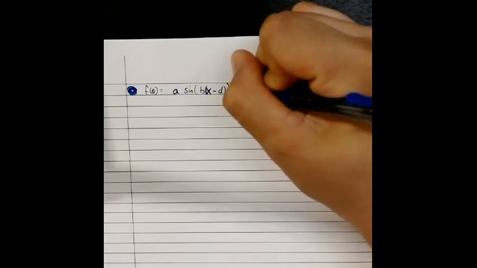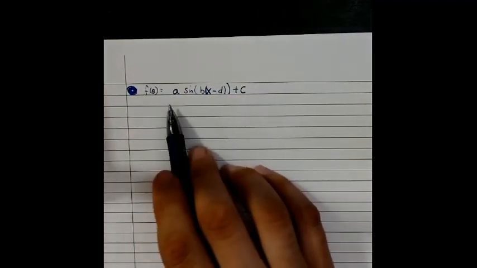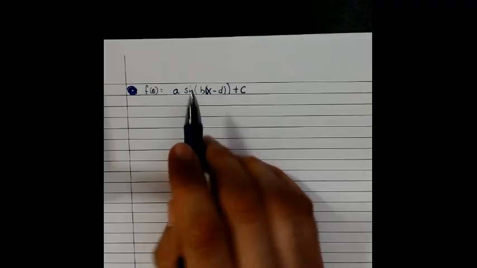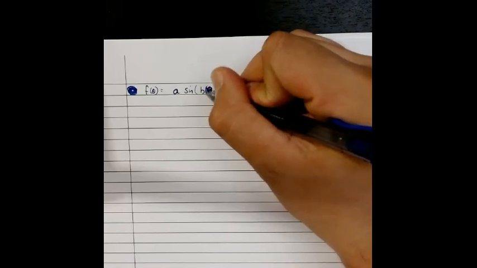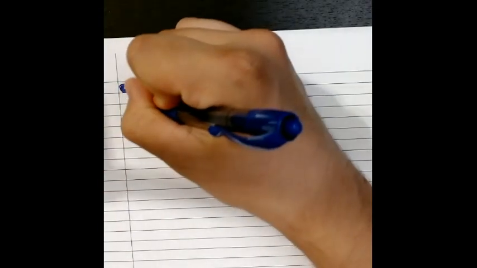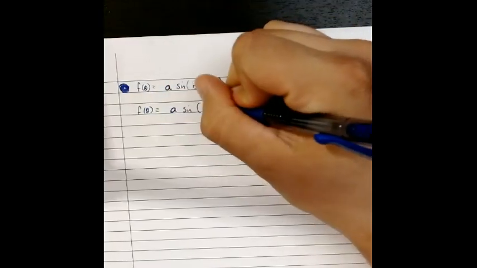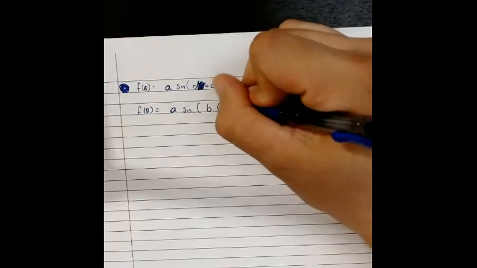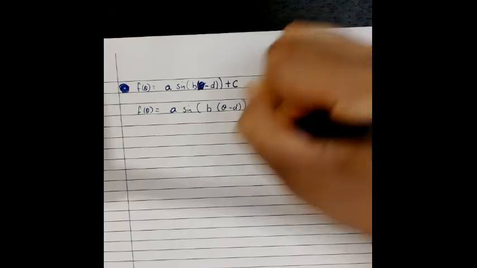Why they've chosen that order, I'm not sure, but that's the order they've chosen. Let's keep using theta just to be consistent. We could use x, we can use any letter we like. So here, f of theta is equal to a sine of b times theta minus d, plus c.